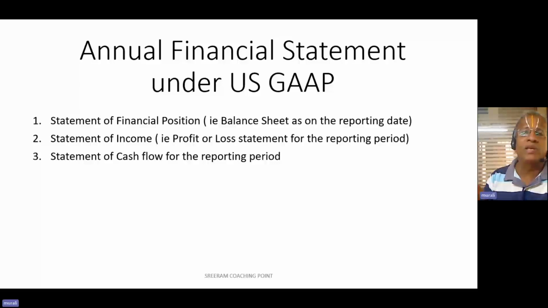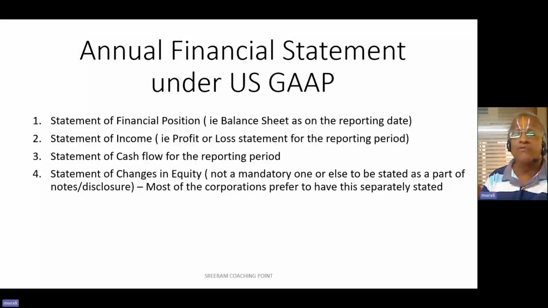For the same period, we are expected to have, third, the statement of cash flow. Then item number 4, which is a very important input, the statement of changes in equity. In US GAAP, what is to be understood is that the statement of changes in equity is not mandatory.